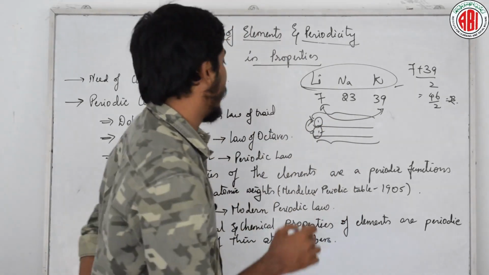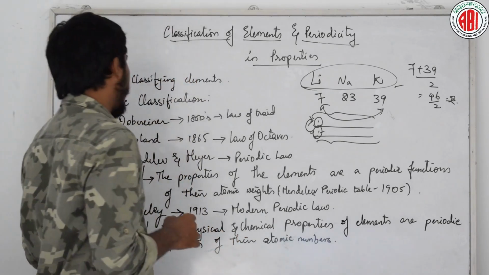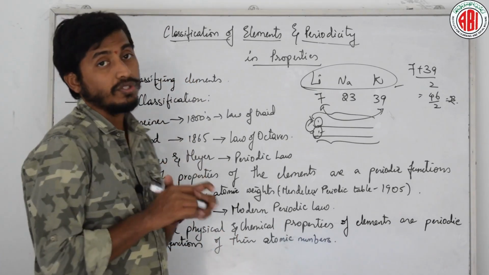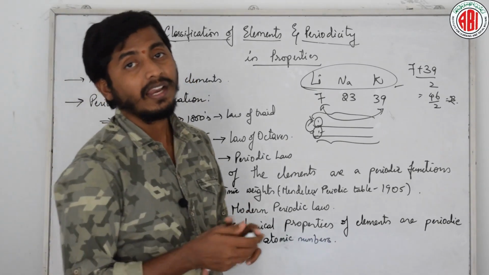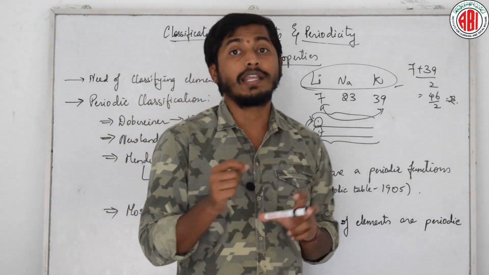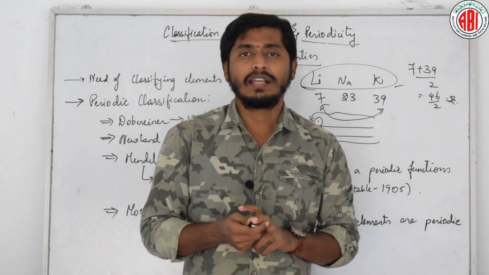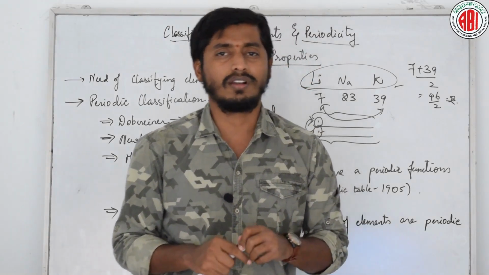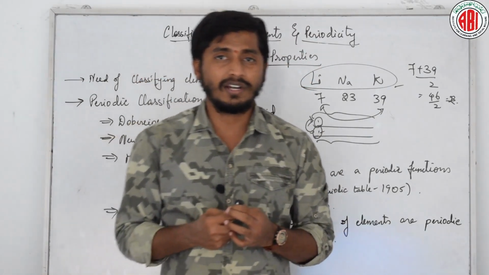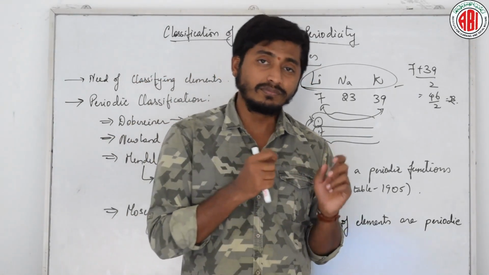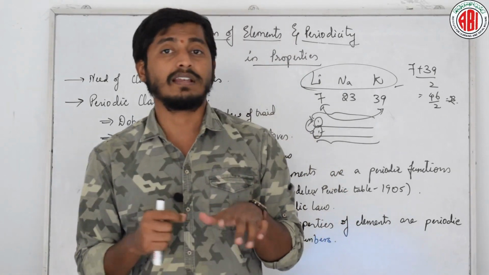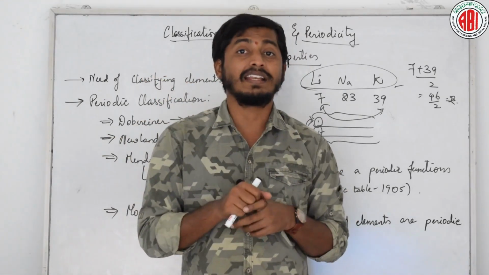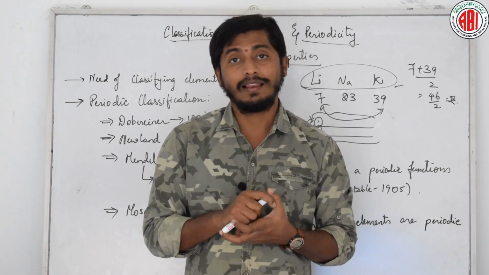Not only that, among these two people, Mendeleev was the first person who used the term period, who gave the term periodic table. Before that, many scientists used the word periodicity or something similar, but Mendeleev was the first person who arranged the elements in the form of a table.